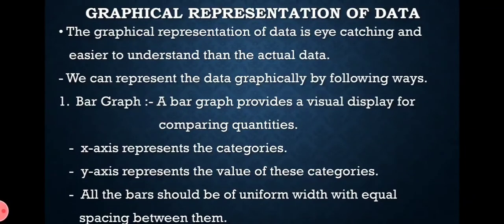Graph paper already has boxes, so we can take one box as the width of each bar. Between two consecutive bars, we have to give a gap of an equal number of boxes. Either you can give one box space between two bars, or you can give two box space. This we have already learnt in lower levels.